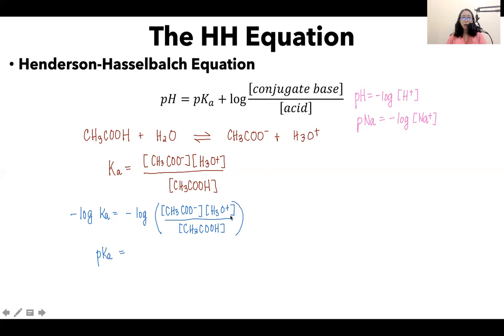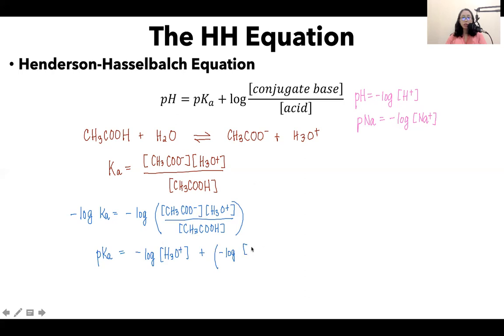Now, I want to separate the concentration of hydronium ion. Since this is a product, I have negative logarithm of the concentration of hydronium ion plus negative logarithm of the remaining part of our expression.